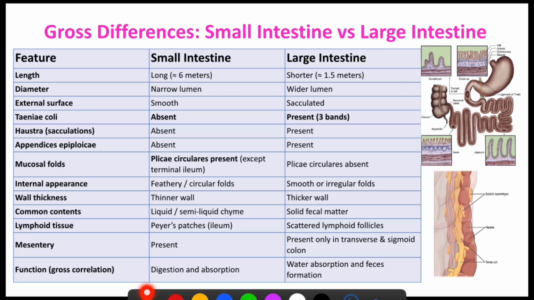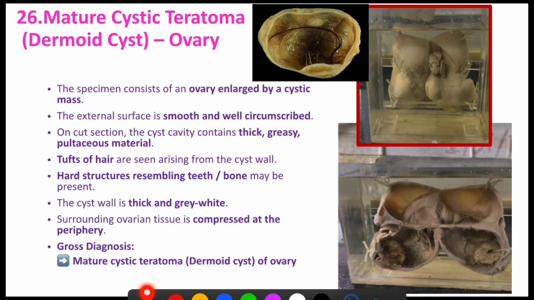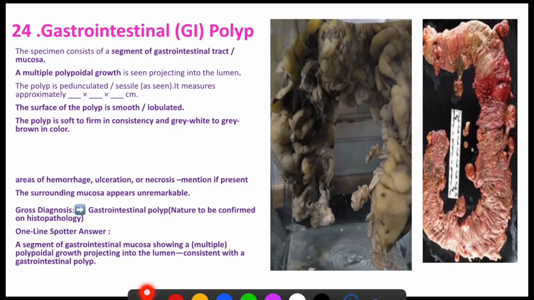For that, there are some differentiating points where you can judge. So in this specimen, this is the large intestine specimen, right?